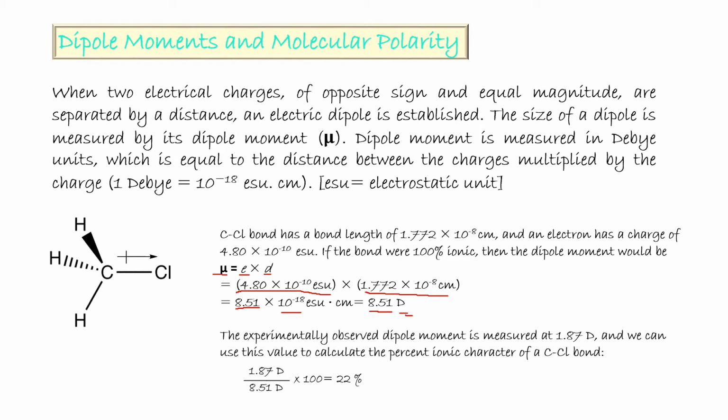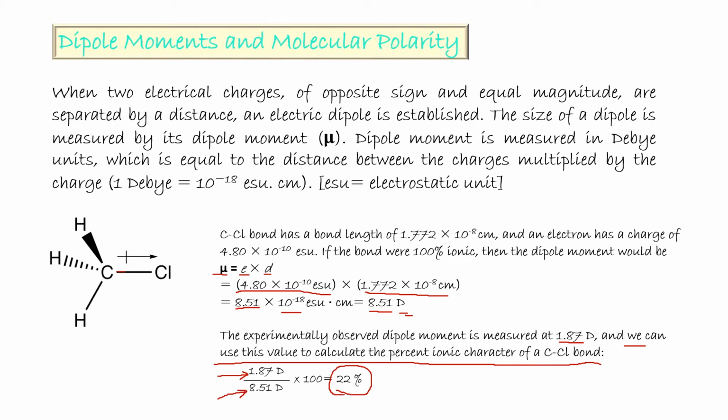The experimentally observed dipole moment is measured at 1.87 debye, and we can use this value to calculate the percent ionic character of the C-Cl bond. 1.87 divided by 8.51 times 100 equals 22% ionic character.